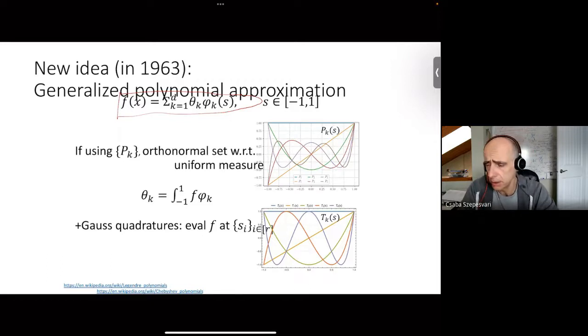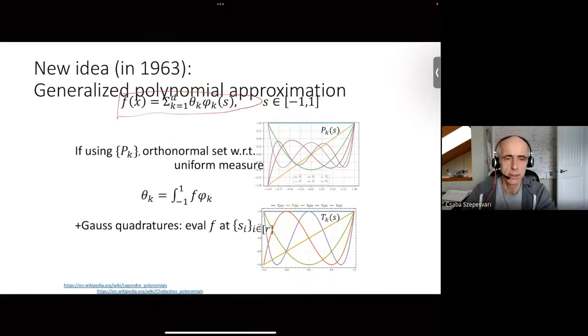So in Gaussian quadratures, the idea is that the integral is calculated by evaluating the function at a fixed set of points. These are nodes in the space, s_i, and there are R of them.